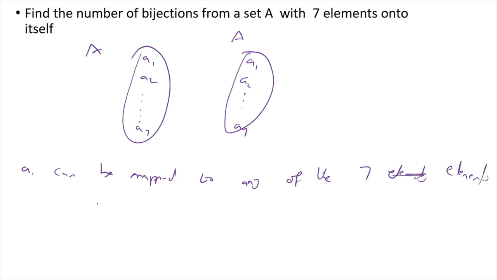Similarly, A2 can be mapped to any of the 6 remaining elements. So on, A7 can be mapped to 1 element.